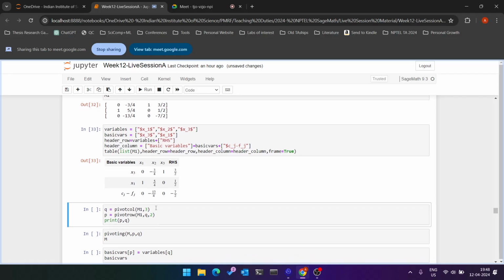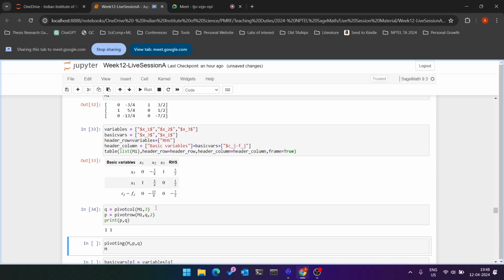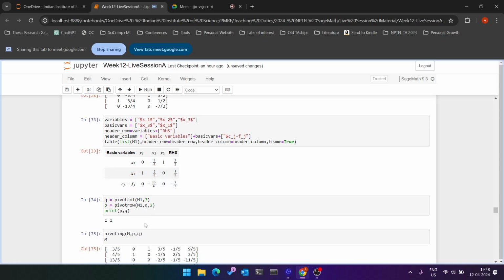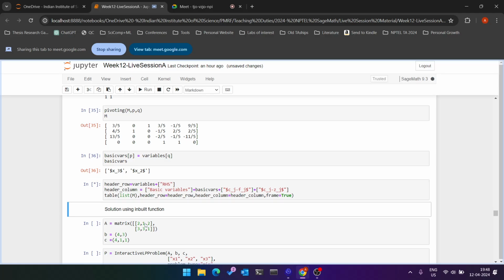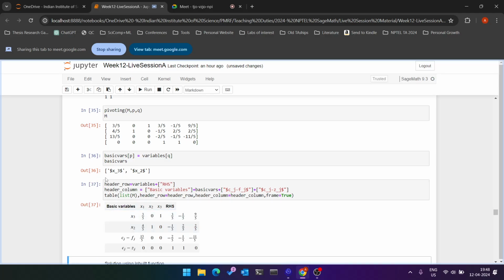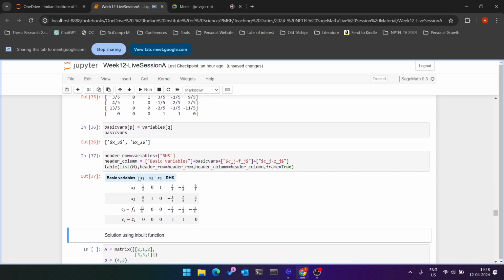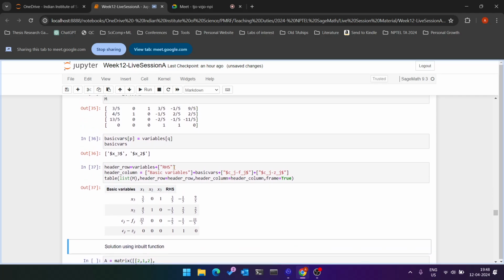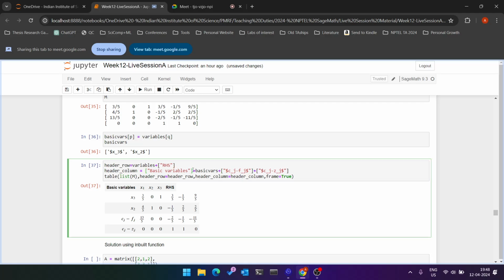To determine again where the pivoting action would take place, we use the pivot column, pivot row functions. So 1, comma 1, which will be x1 and x2 being interchanged. If I run the pivoting, my new basic variables are changed to x2 and x3. And this is how my table looks.